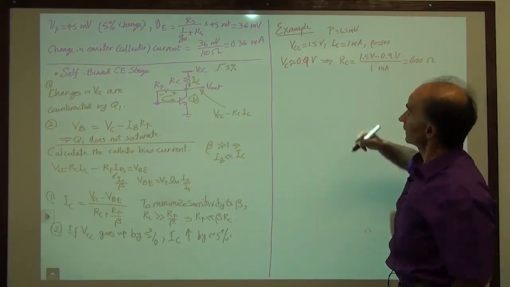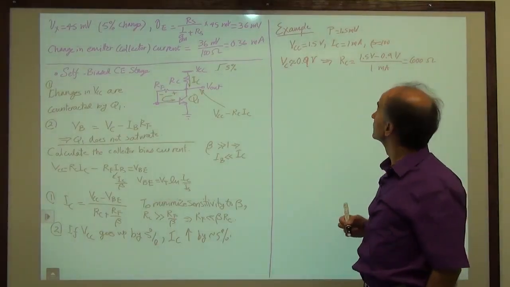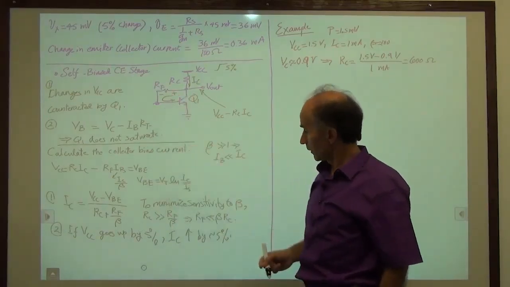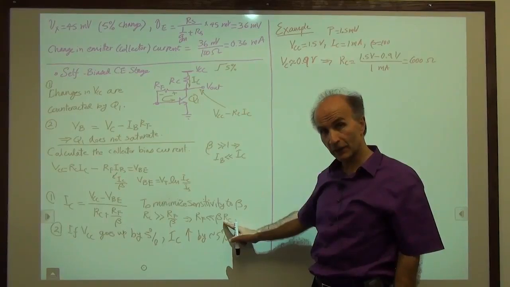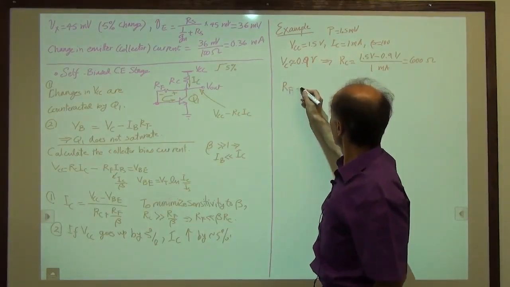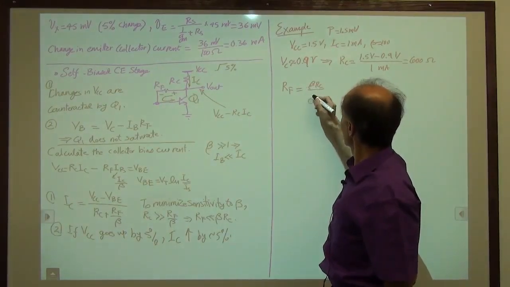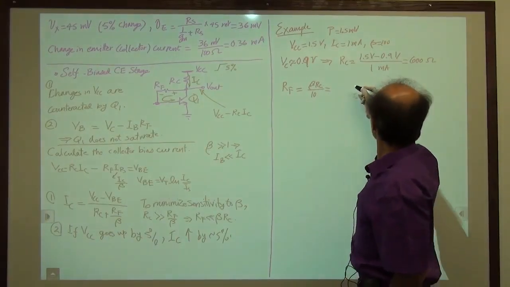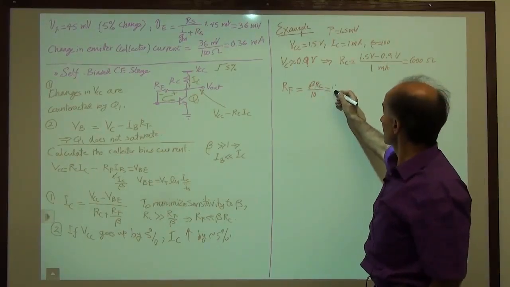All right. How about RF? How do I choose RF? Well, we had some sort of prescription for RF. We said RF should be much less than beta RC. So we choose RF to be approximately equal to beta RC divided by 10, because we want it to be much less. So that's 600 times 100 divided by 10, which gives us 6 kilo ohms.